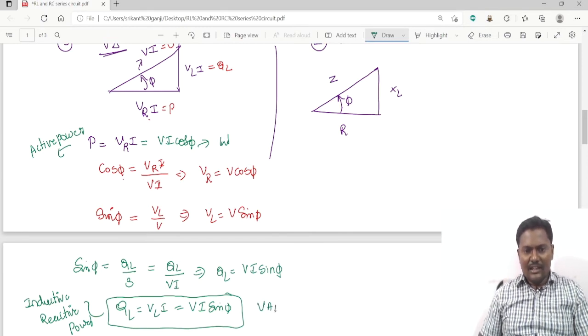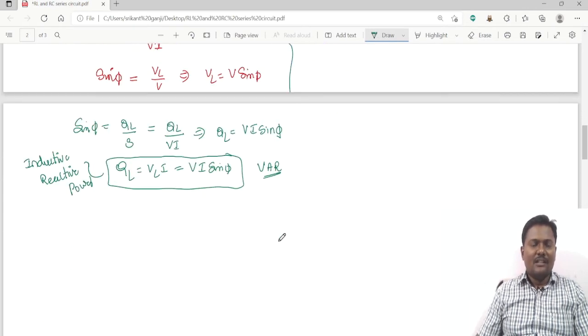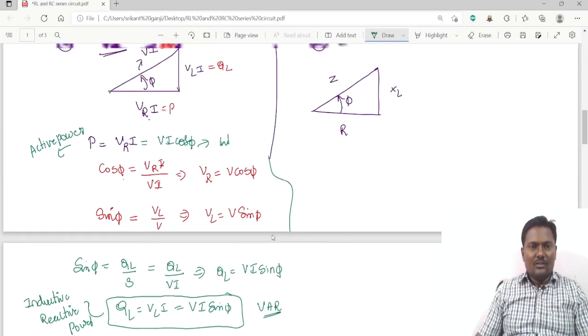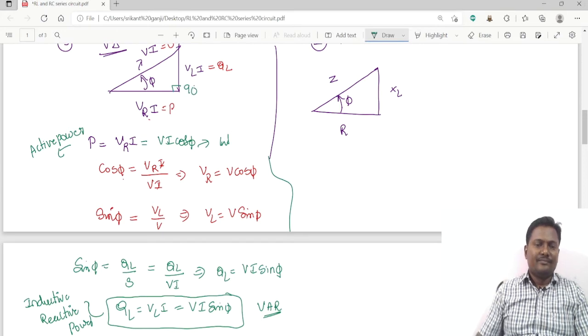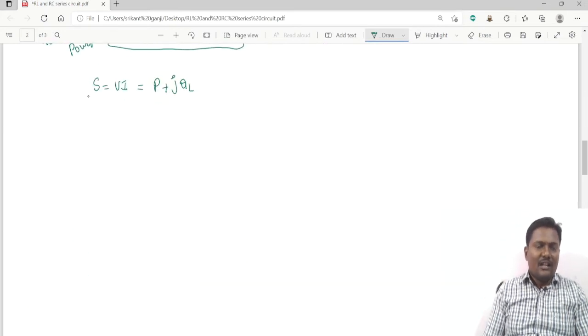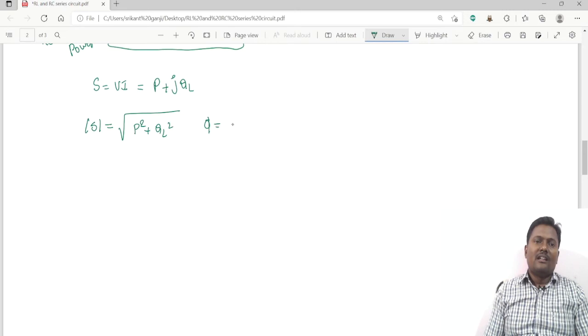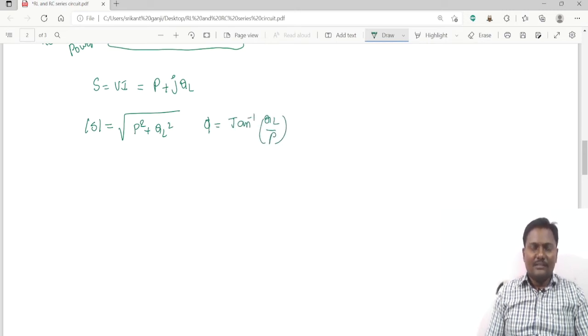The unit of reactive power is var, volt ampere reactive. And last one, S is equal to V into I, and we can write it as P plus j times QL. Again the same story, it is 90 degrees leading. The magnitude of S is equal to the square root of P square plus QL square, and the angle is tan inverse of the imaginary part by the real part.